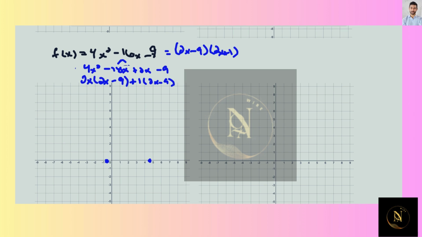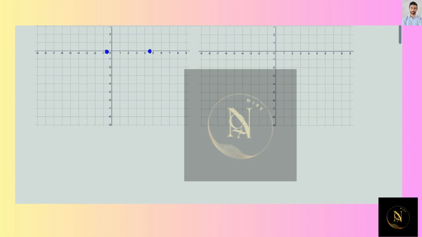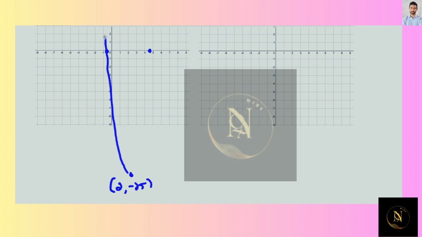So if we substitute 2, we'll get (4 minus 9) times (4 plus 1), which is negative 25, which is going to be way off my graph here. But it will be at (2, negative 25). We'll just guesstimate here.